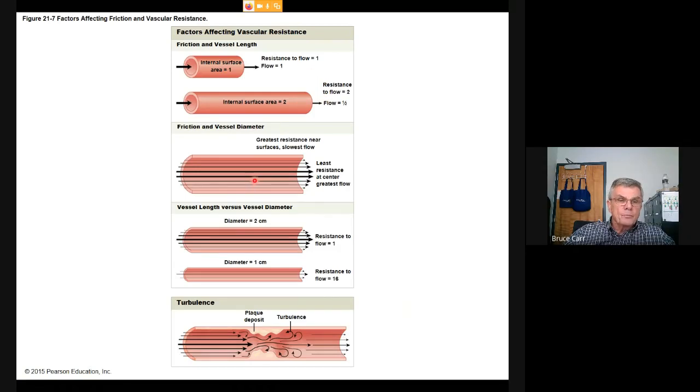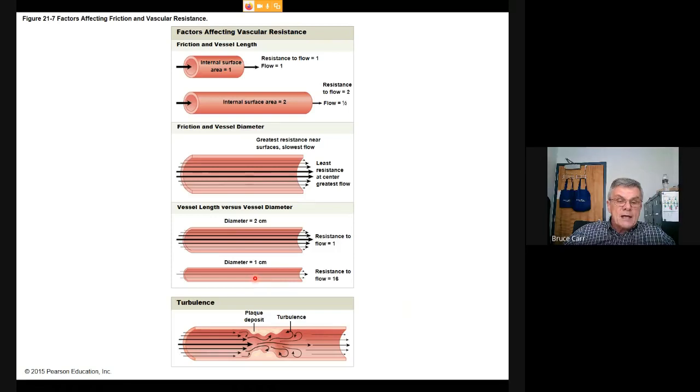That's pretty simple. But vessel diameter basically affects the flow in a dramatic way. We're going to see the greatest resistance, the most slowing, at the surfaces. And we're going to have the least resistance right at the center, where all these red blood cells are bumping into each other and moving with the plasma. So the least resistance is going to be at the very center of these larger vessels. So what does length and diameter show?